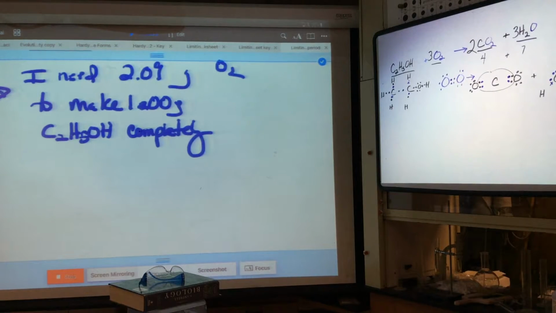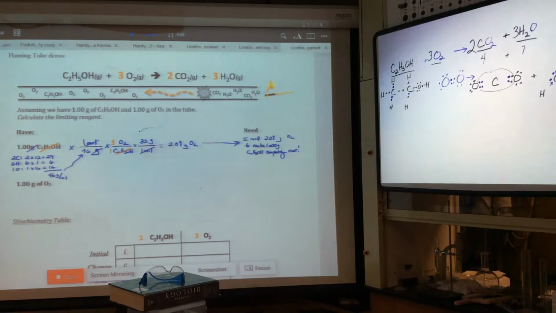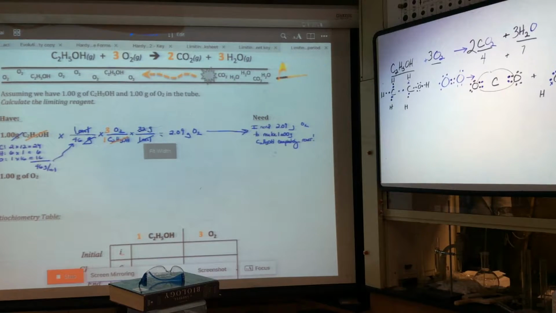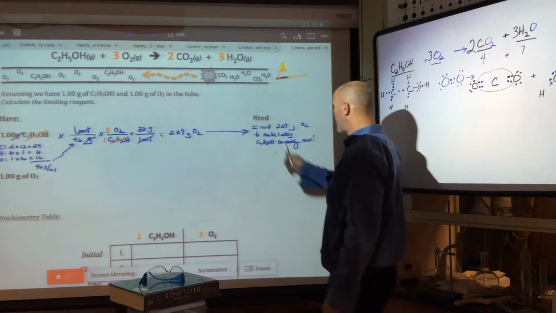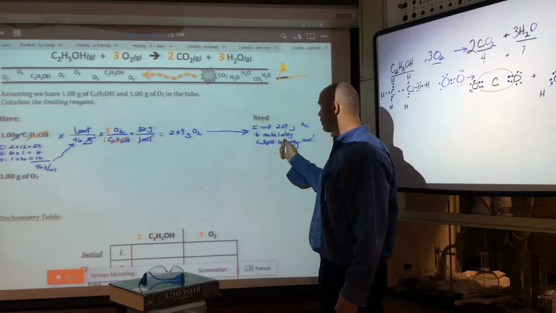Completely react. That's what I need. I need 2.09 grams of O2.